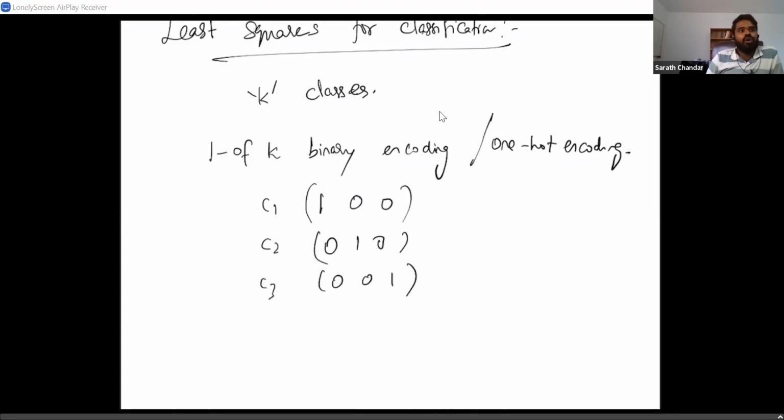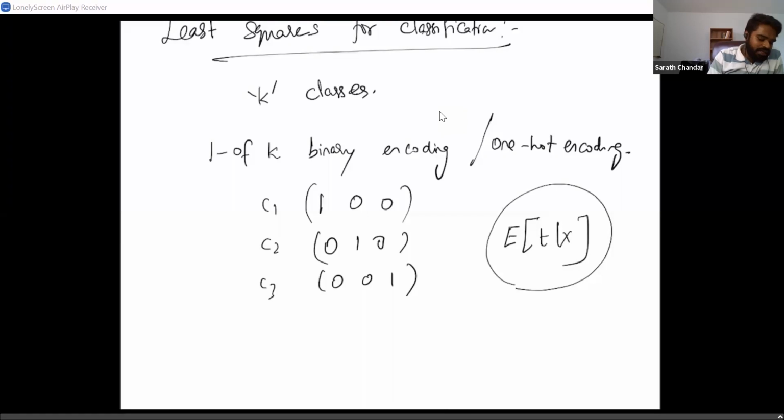Now we already know that if you're doing least squares, the optimal prediction is the expected value of t given x. So least squares is trying to predict the conditional mean. Knowing this, it makes more sense to use least squares for classification with such a one hot encoding, because in some sense, the 1 is the probability of class 1 given x, and the 0 is the probability of class 2 given x.